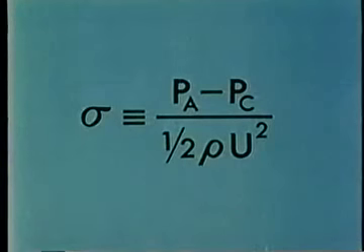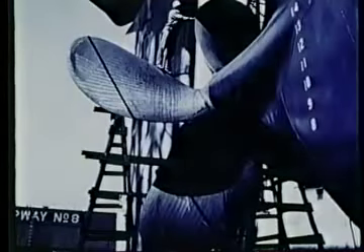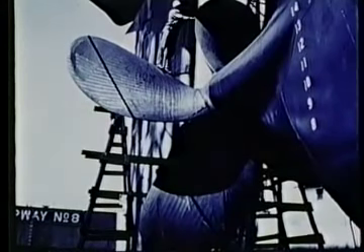The size of the physical system being studied does not appear in the cavitation number, but it is a factor in the Reynolds number. Consequently, as long as Reynolds number effects are taken into account properly, cavitation similarity requires only that the cavitation number be the same for the prototype and for the model.